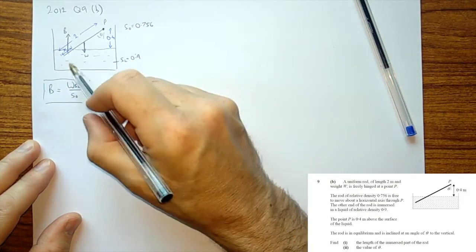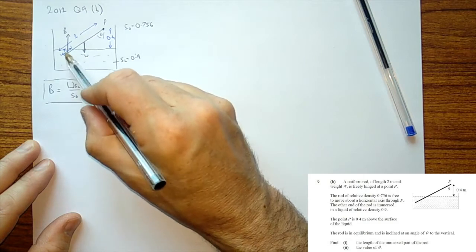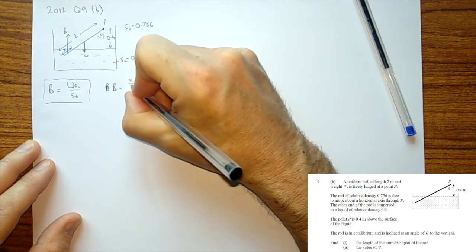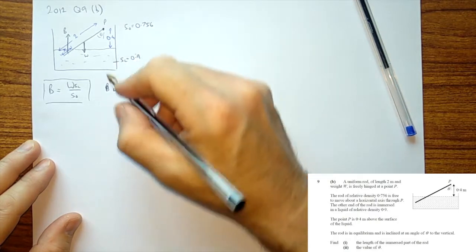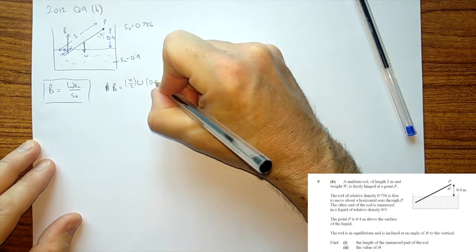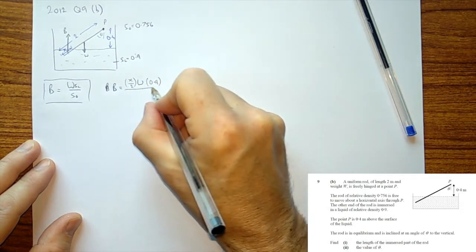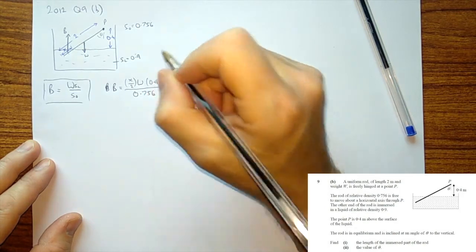Now, when we say weight, we mean, of course, the weight of the fraction underwater. So the fraction underwater is x over 2 by the weight. Specific density of the liquid is 0.9. And over here, the specific density of the object is 0.756.